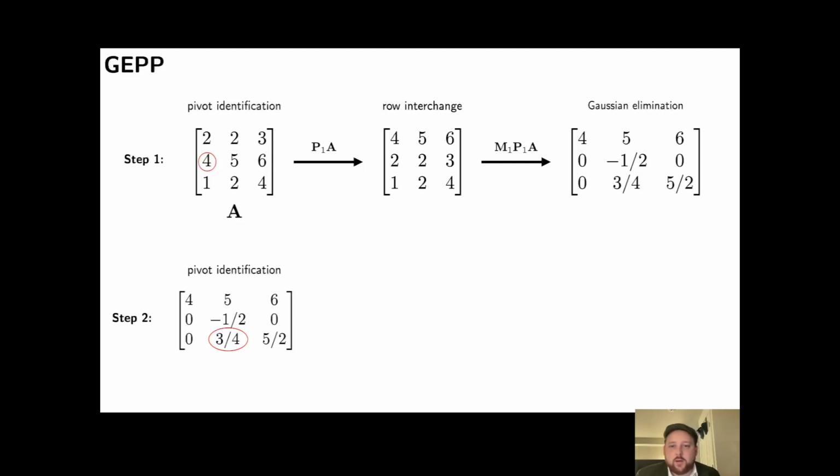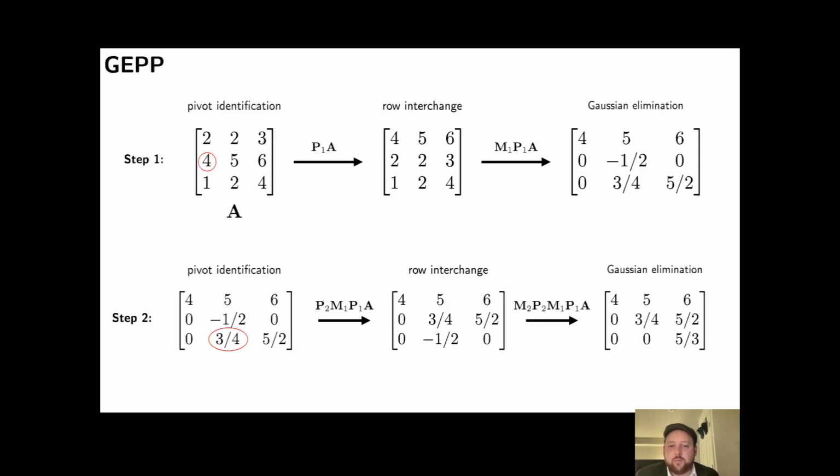So I need to take a permutation matrix P2 and multiply it by what I have so far. What this does is bring that third row to be the second row. Once I've done that, I proceed with another sweep of Gaussian elimination to zero out that -1/2 that was down there, which brings me to an upper triangular matrix.